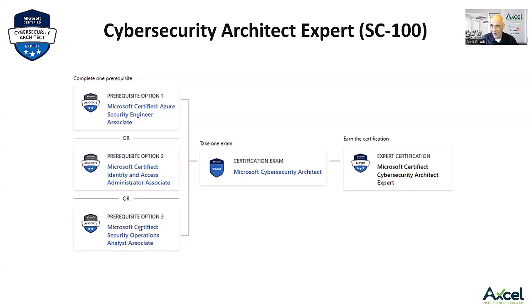Now, remember, that's one that kind of covers a little bit of Microsoft 365 Purview and Microsoft 365 Defender along with Azure, and a lot of Microsoft Sentinel in there as well. So you'll see "or." Okay, so we have to take one of these and the SC100 to get the Cybersecurity Architect Expert certification.